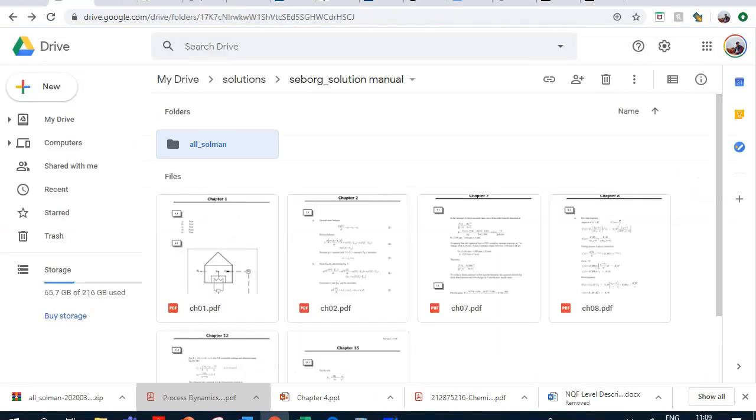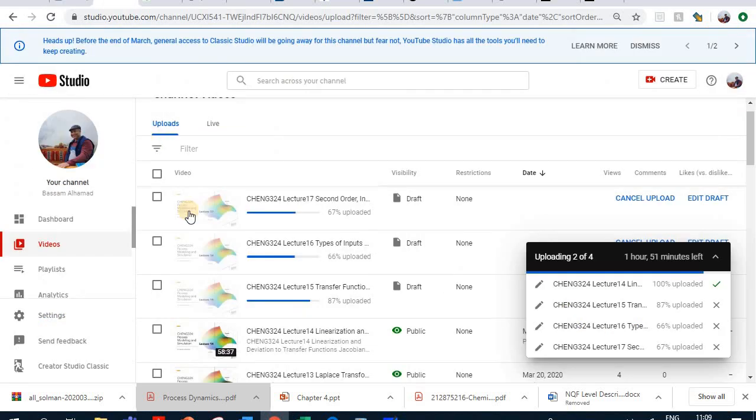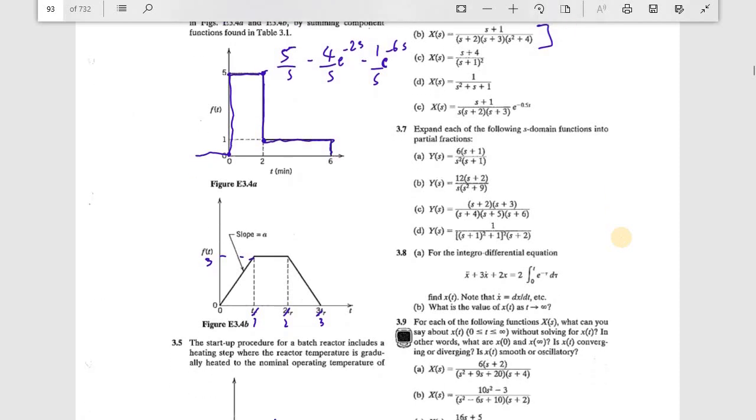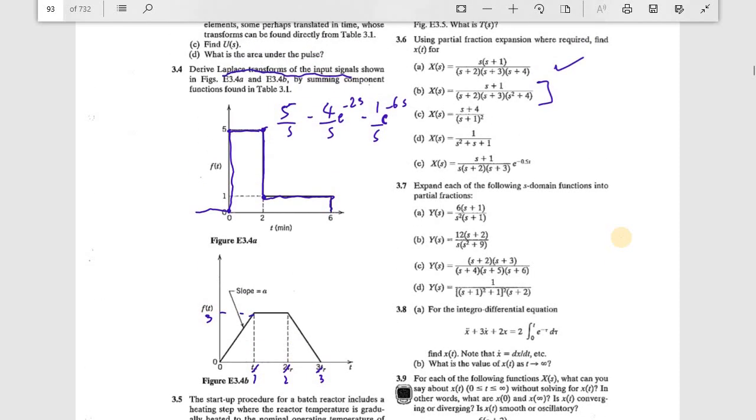Okay, so what do we have here? We were on Internet Explorer. If you go to the third part, it is going to be a over s plus 1 plus b over s plus 1, the whole thing squared.